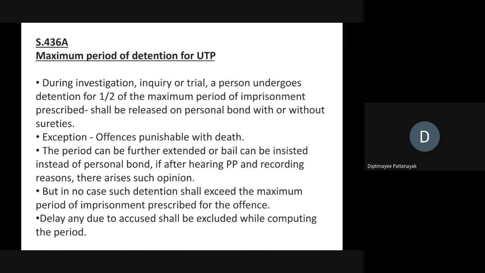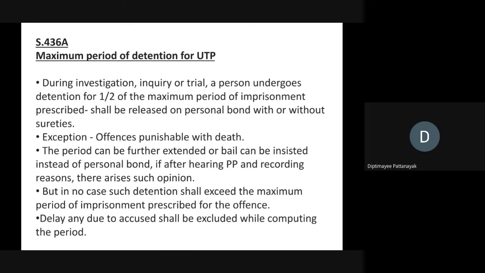The period can be further extended, or bail can still be insisted upon instead of a personal bond, if after hearing the PP, the public prosecutor, and recording reasons, the court forms such an opinion. So this period of half of the maximum period of imprisonment can also be increased further, but in no case shall such detention exceed the maximum period of imprisonment prescribed for the offence.